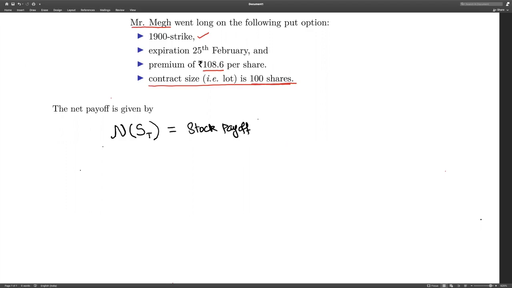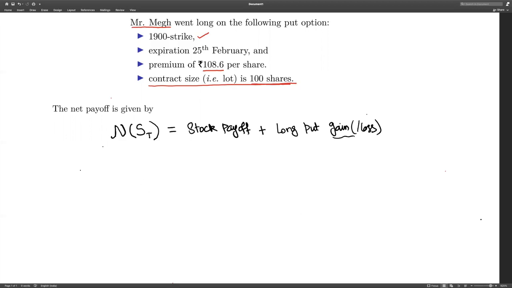See, the net payoff differs in different strategies. In this strategy, the net payoff is given like this, which is stock payoff from the spot market plus long put gain. So whenever we say gain, you should also keep in mind that it may be gain or loss depending on whether the final outcome is a positive number or a negative number.